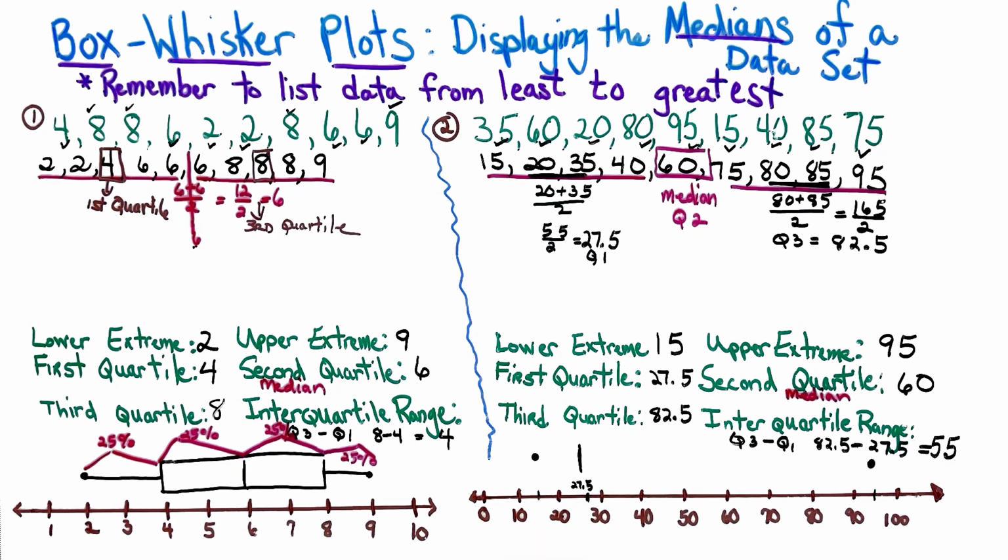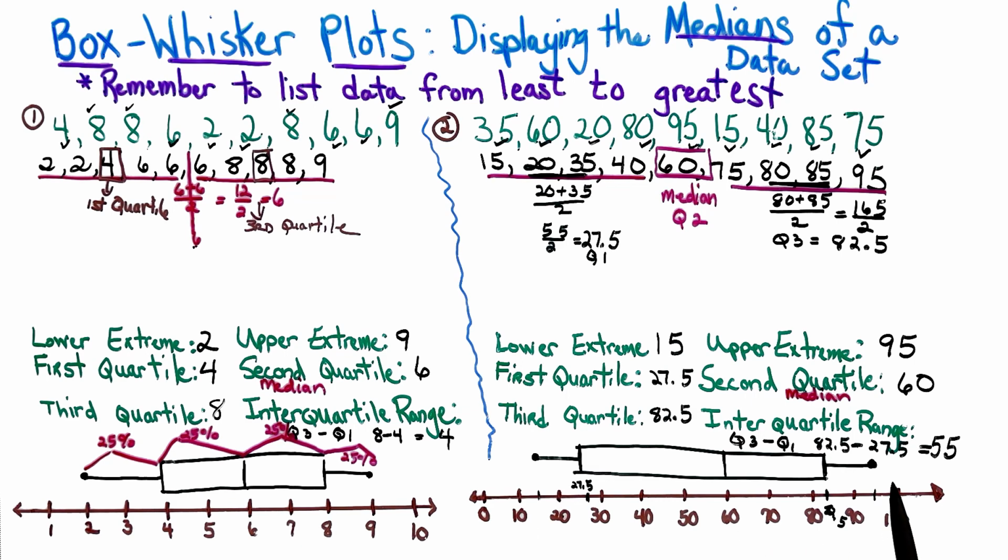So I remember that my median was at 60. Well, that one is easy. Here it is. And my third quartile was 82.5. So I'm just going to draw a little line here, and I'm going to label it 82.5. And again, with your medians, you draw little straight lines. So we are going to connect our box. We are going to connect to the extremes.